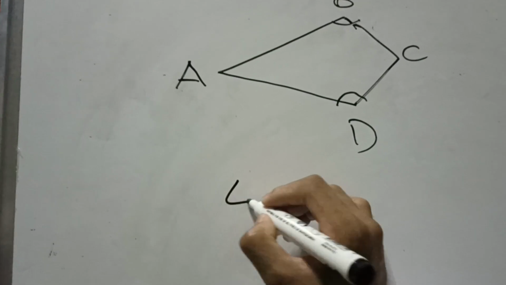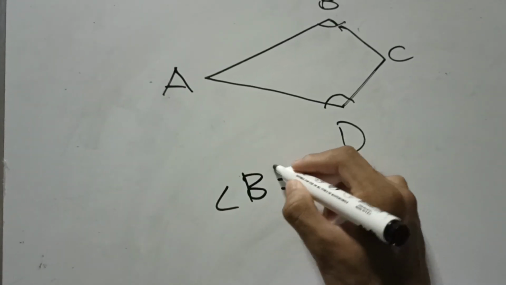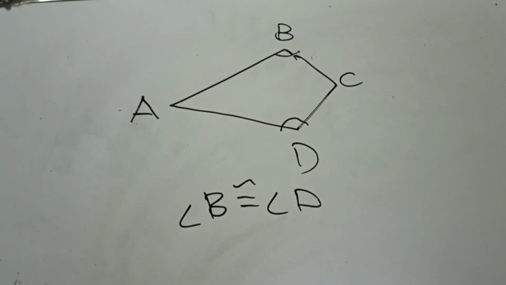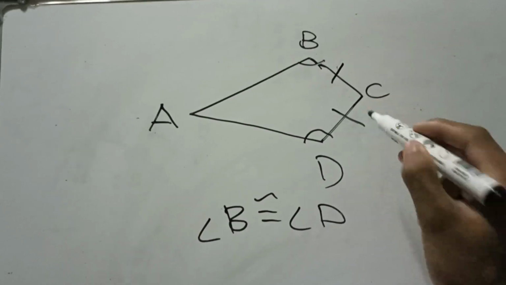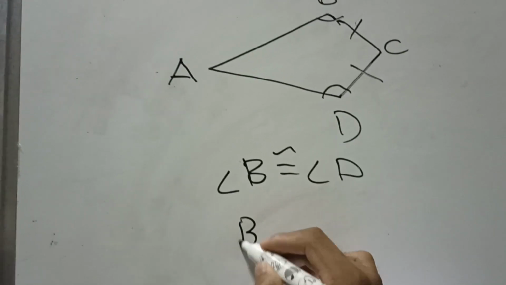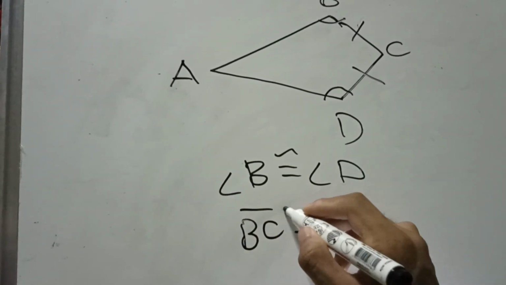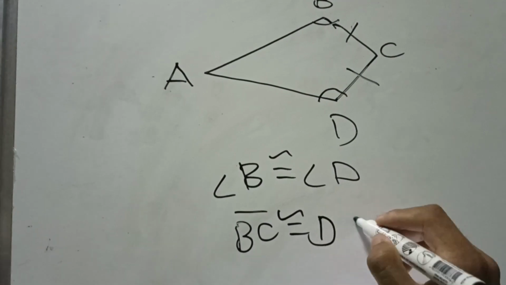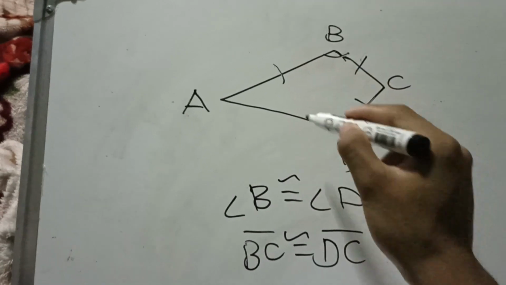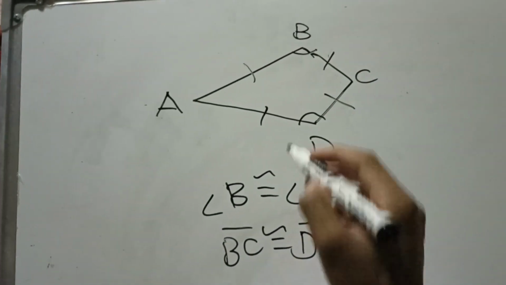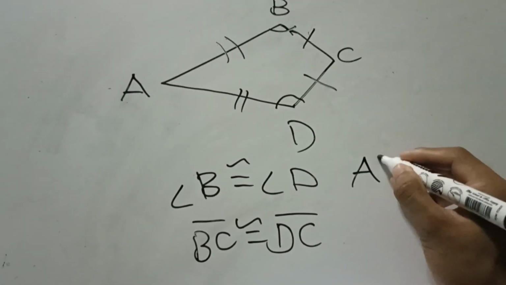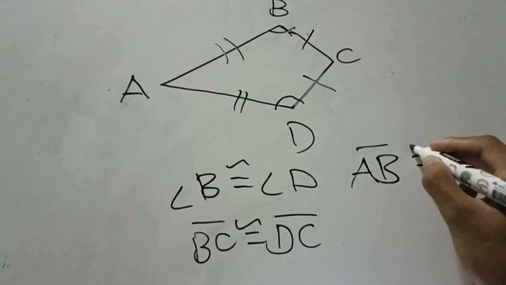That means we can write that angle B is congruent to angle D. Next, line BC and line DC are congruent. That means line BC is congruent to line DC. Next, line AB and line AD are congruent. That means line AB is congruent to line AD.